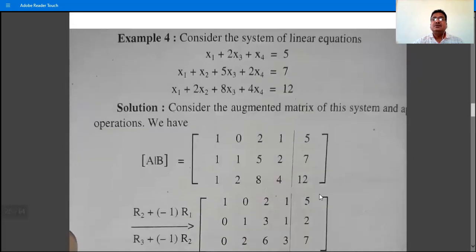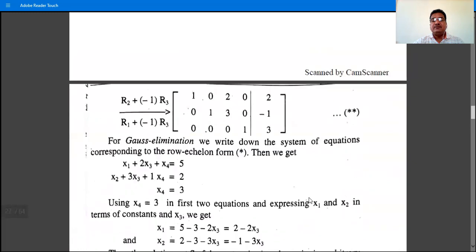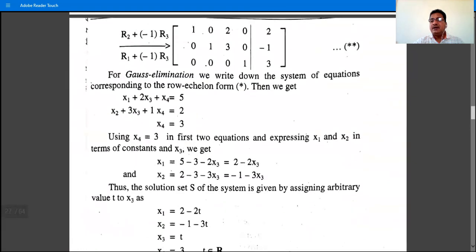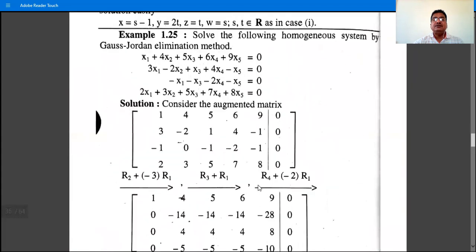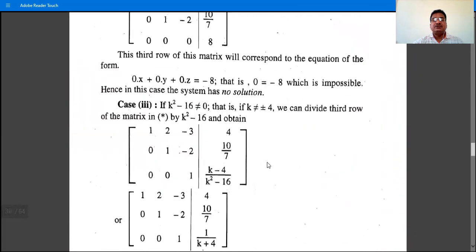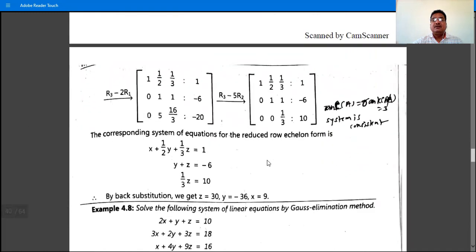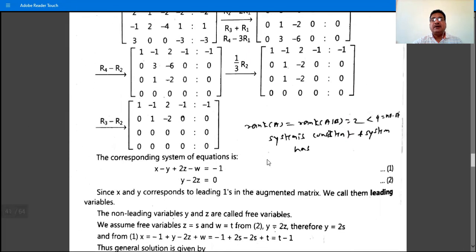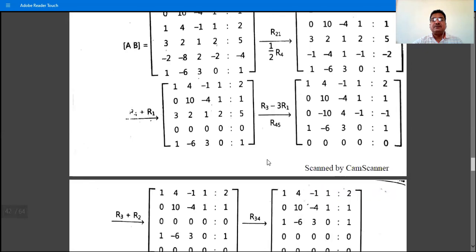We have to solve the examples by using the Gauss elimination method and the Gauss-Jordan elimination method. So here are some examples on these two methods. The question is straightforward: solve the system by using either the Gauss elimination method or the Gauss-Jordan elimination method.